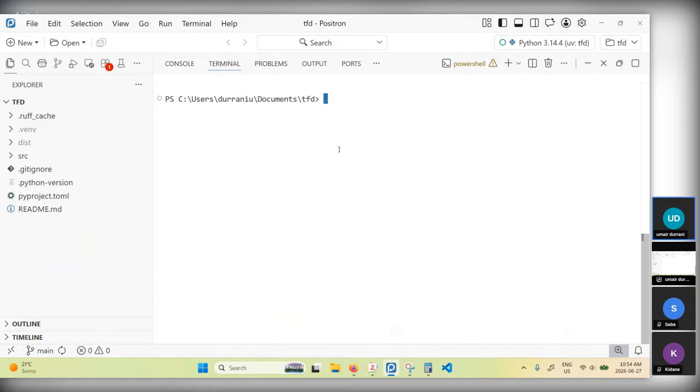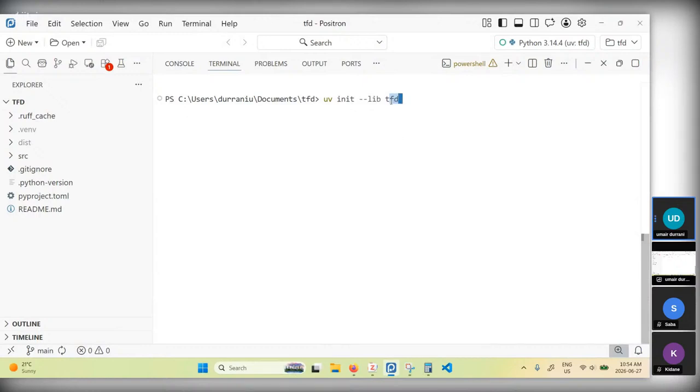In the last discussion we had, while we were developing this package, I ran this command: uv init --lib and then the name of the package.